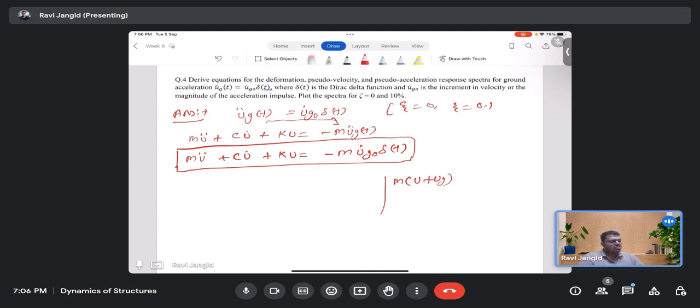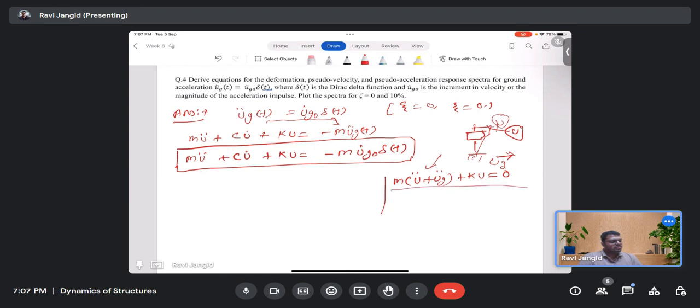If we have a structure here, and we give the ground motion excitation, then whatever the response is at u, for the acceleration term we take the total, u double dot plus ug double dot, and for the stiffness and the velocity we take only the relative displacement in the structure itself, u. Is it okay? Yes, sir.